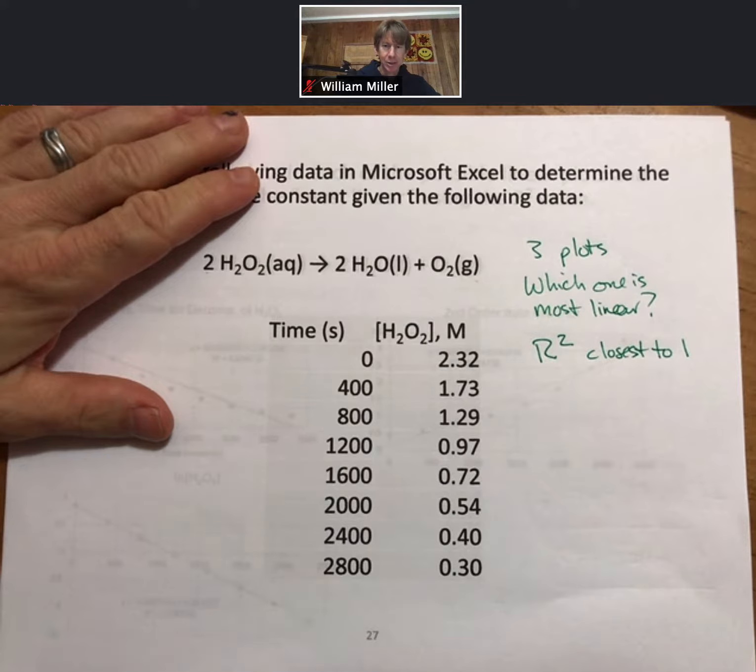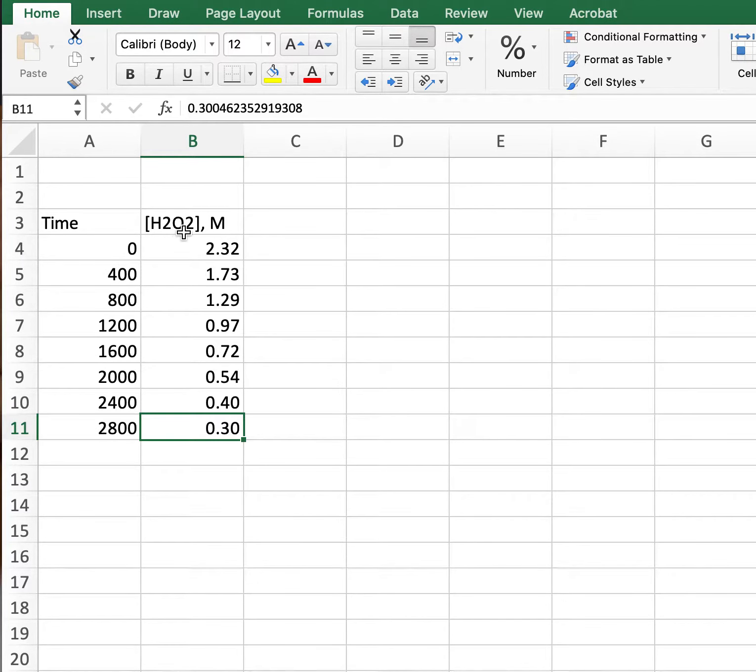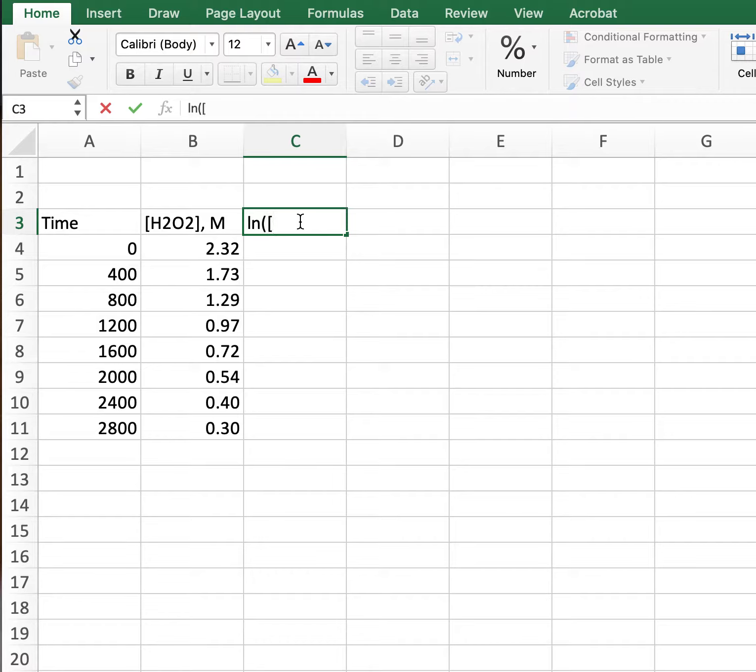All right, so now let's go over to Excel, and we have to do concentration versus time. We also have to do natural log of concentration, so I'm going to put that in this column. So it's going to be ln of the concentration of peroxide, which is what this is. And to do the natural logarithm, you're going to hit equals. You're going to type in ln. You can see the natural logarithm function comes up.